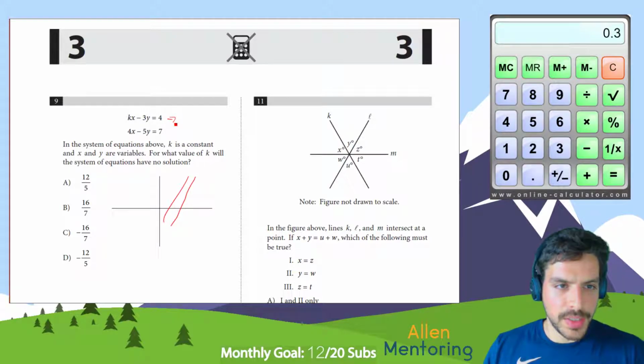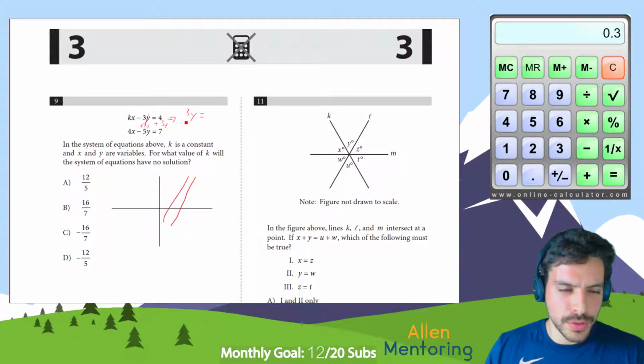So this top one here, I'm going to add 3y to both sides. Okay, plus 3y. I'm going to get 3y plus 4 is equal to kx. And then I'm going to subtract 4 on both sides. This cancels out.